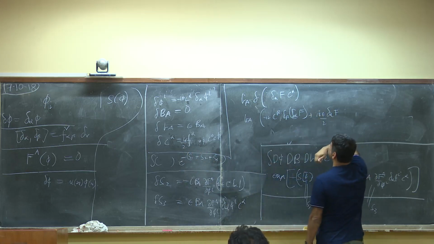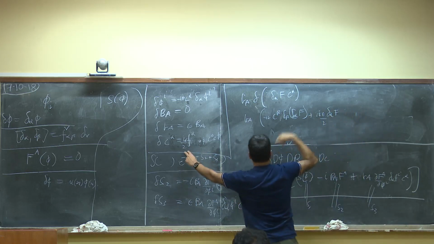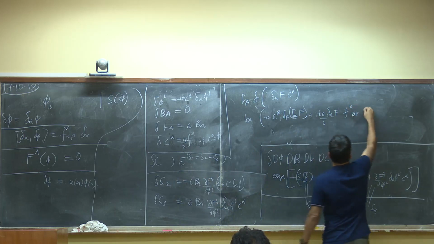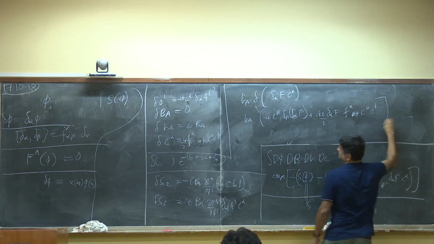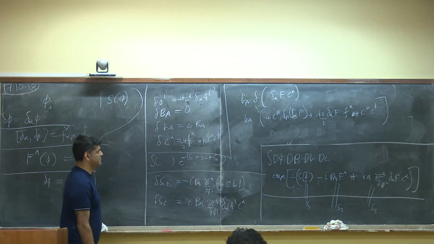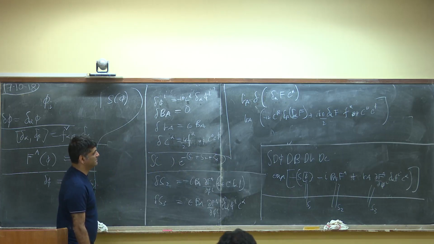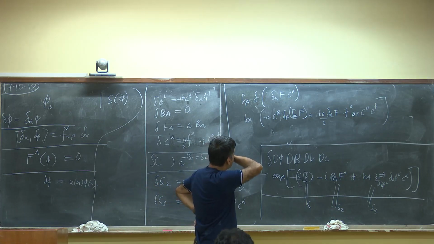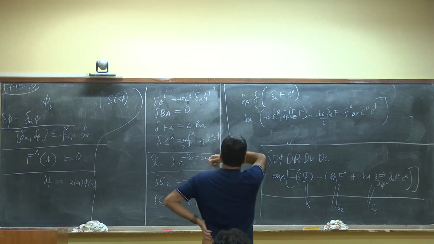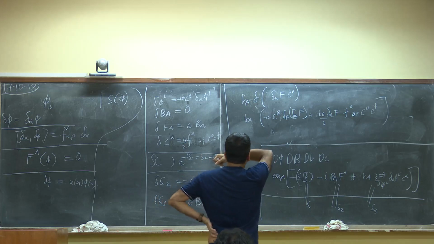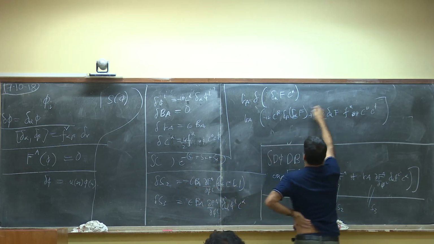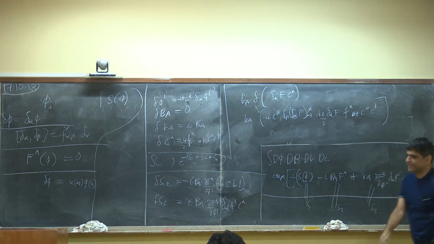Plus i epsilon times the change in, by 2 times f alpha theta phi c theta c phi. Yeah, I made some mistake. Well, there was a C alpha here. Thank you.